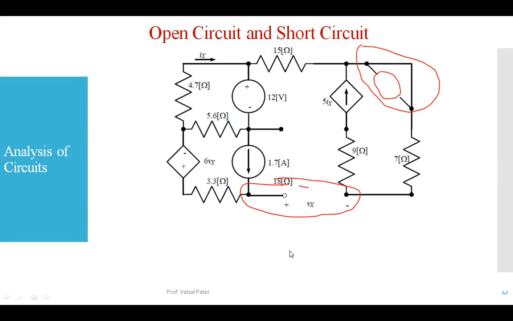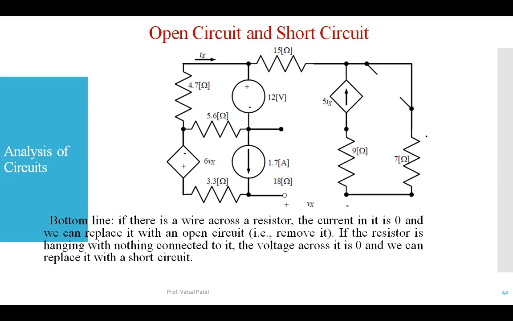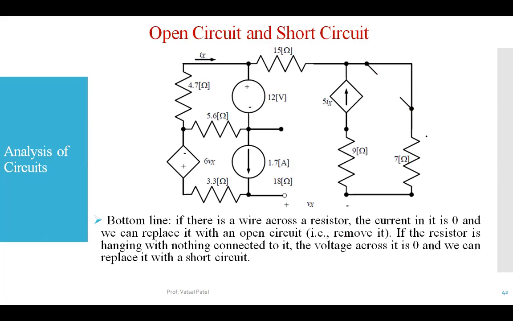So you can see the analysis written over here. The bottom line, the conclusion given here, is that if there is a wire across a resistance, that means a short circuit case, the current in it is zero, and we can replace it with an open circuit, like the 22 ohm resistance. Right now it is open circuit over here, and we can also remove it.